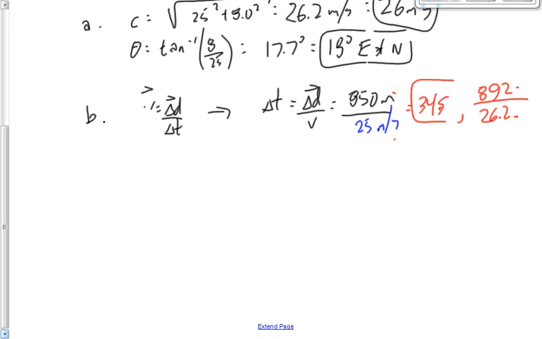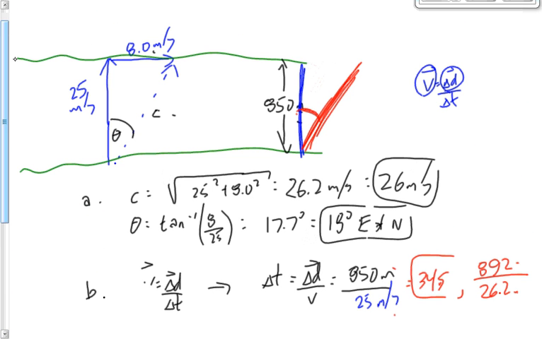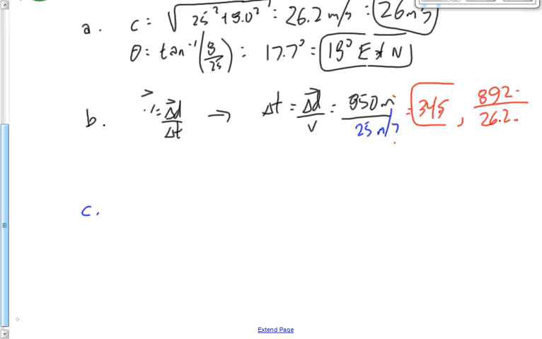Once you have this, C's not so bad. C said, how far downstream do you end up going? Downstream is this way. In other words, I want to find a displacement in the x direction. This displacement right here.